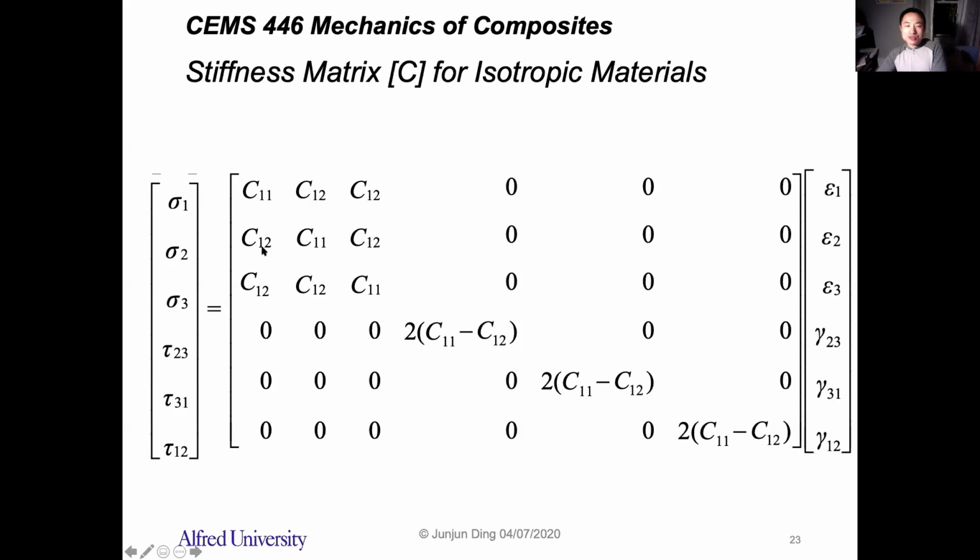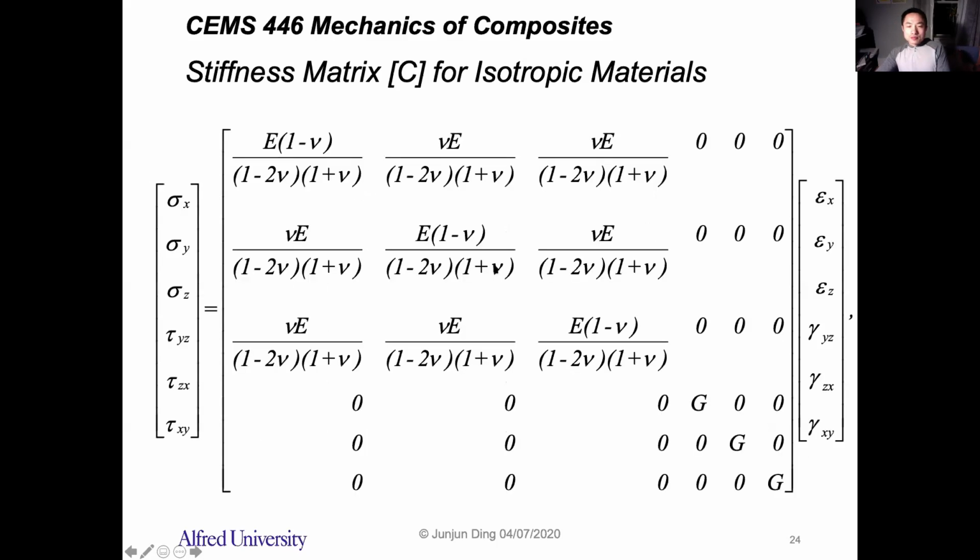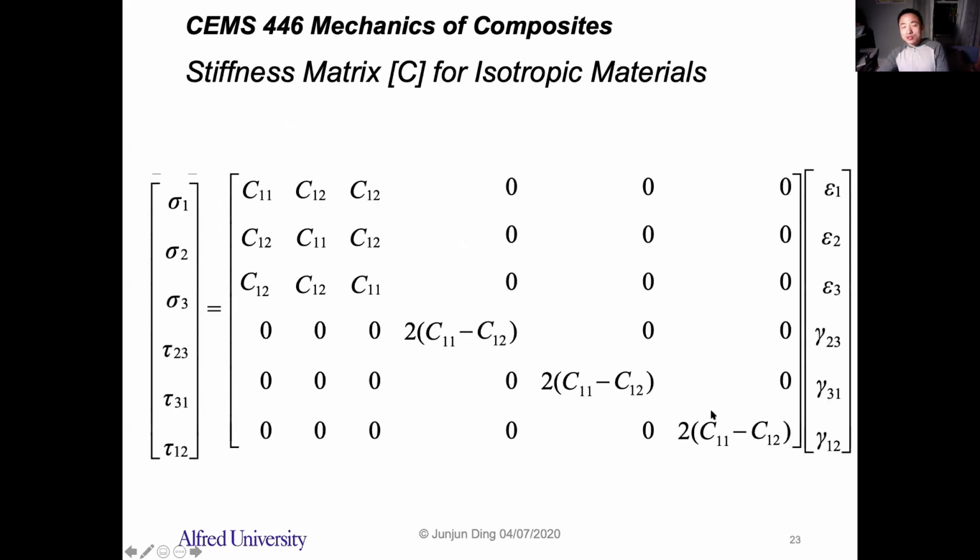Those 3 values are the same, and the rest, these 6, are also the same, and those are the value G. And the value G can be calculated based on C11 and C12, right?